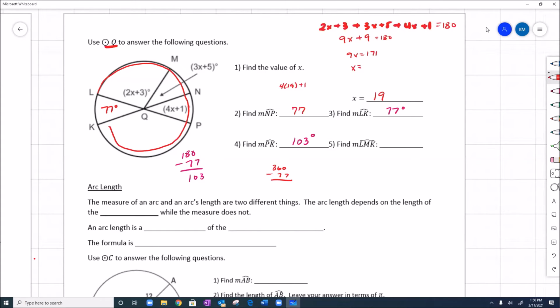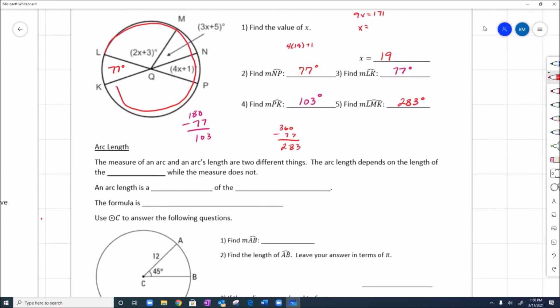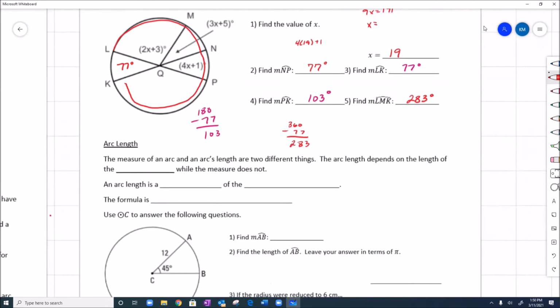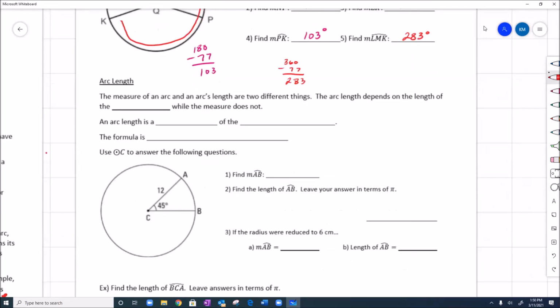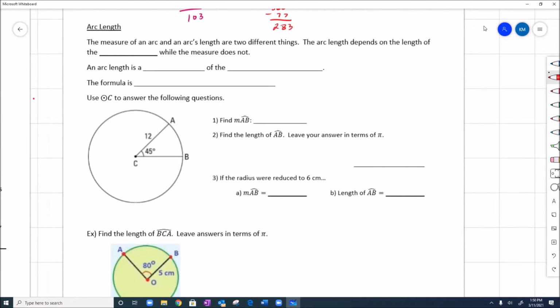Okay, so that gives us 283, maybe. Let's see. 360 minus 77, 283. All right. So we're just dealing with finding the measures of arcs, remembering that the measure of an arc correlates with the central angle.